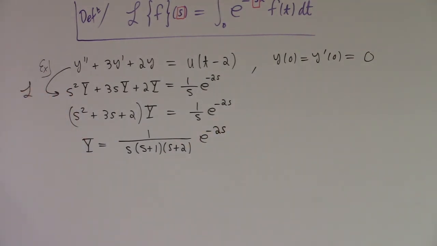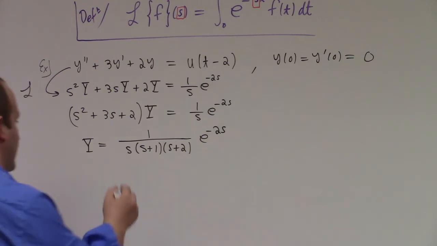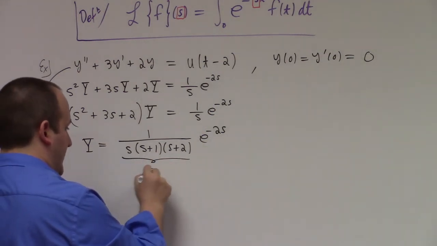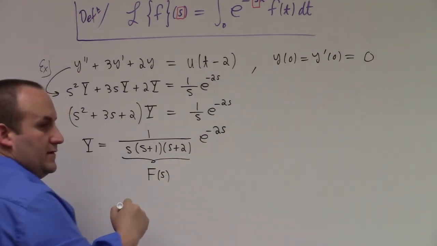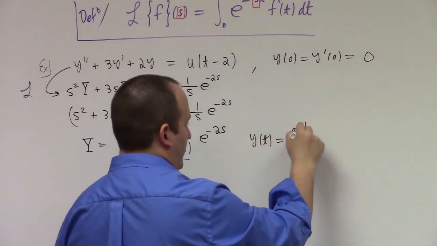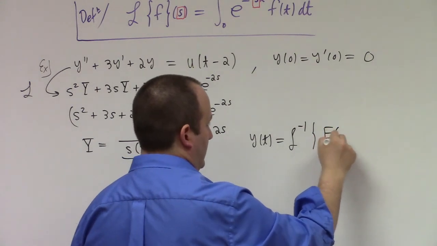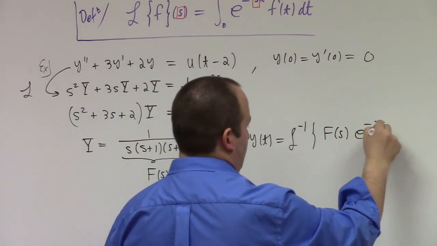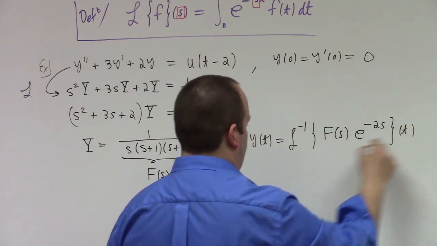So I'm done with step 2 in the 3-step process I described. Now what do I have to do? I have to take the inverse transform of this, right? So if I call this thing, say, f of s, then I know that my y of t will be the inverse Laplace transform of f of s times e to the minus 2s, right? And I know what that is.